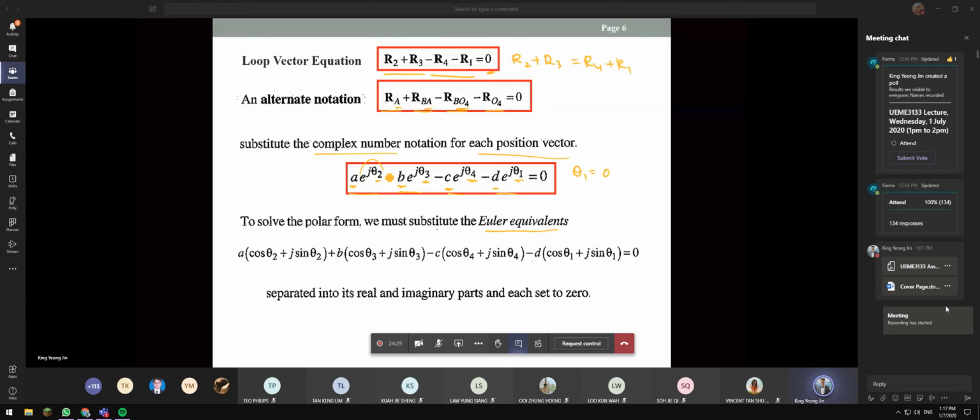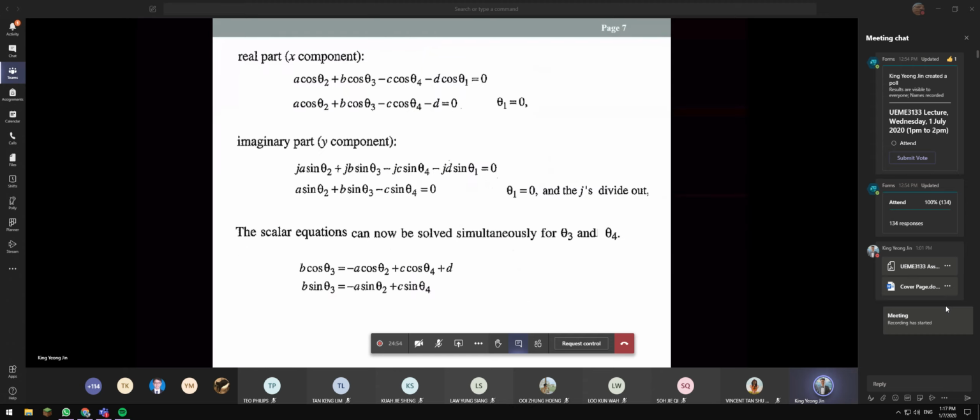Then we can expand this into xy components. In order to solve it, we solve the real and imaginary parts separately. We set both of them to 0. This is what we always do: we set x equal to 0, y equal to 0. Then we can find the value.